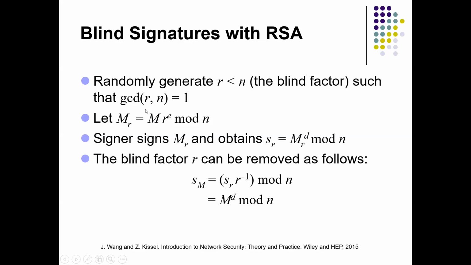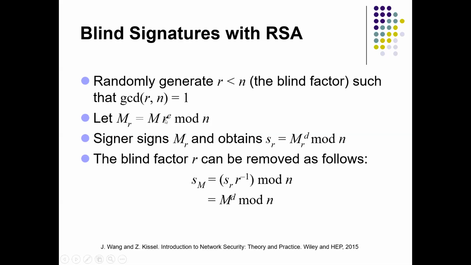And the signer has a set of RSA keys: N, E and D. E is the public key, and D is the private key, and the signer uses D to sign this message M. So this is what I want: I want the signer to provide M to the D's power, mod N, to me, because that is his signature on M. But I don't want the signer to see M.